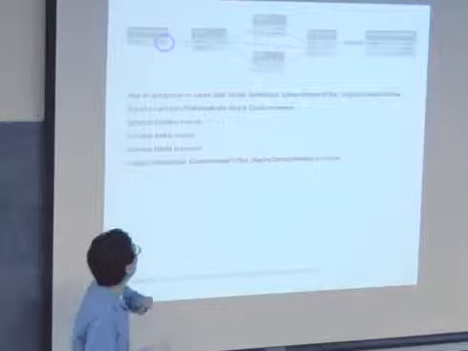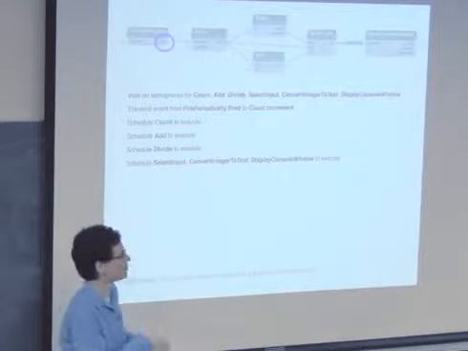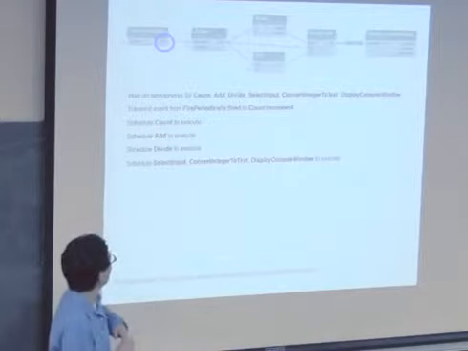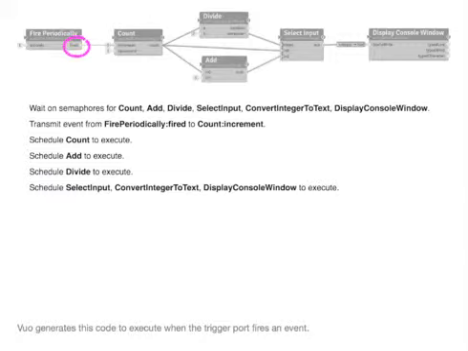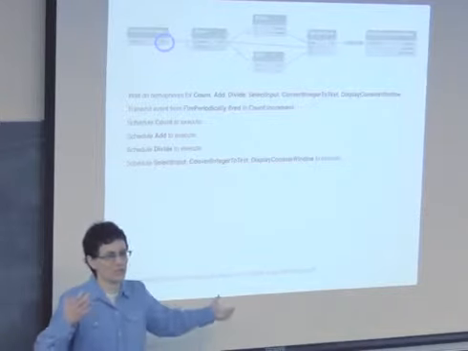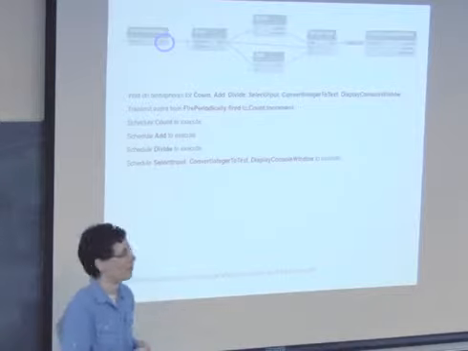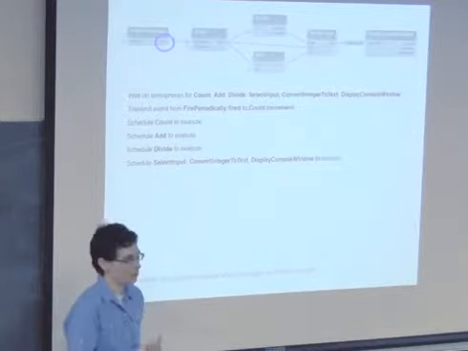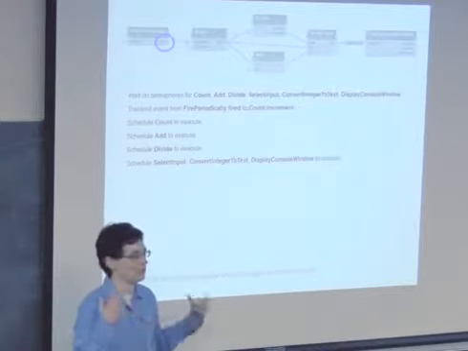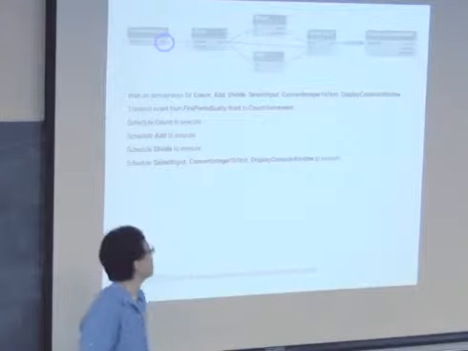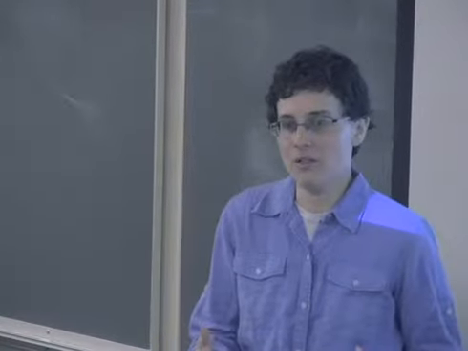Okay, so we do our thread synchronization with semaphores, and then we transmit an event along the first cable. How could we represent transmitting an event if we were going to write this as a program in C, Java, C++, whatever you use?